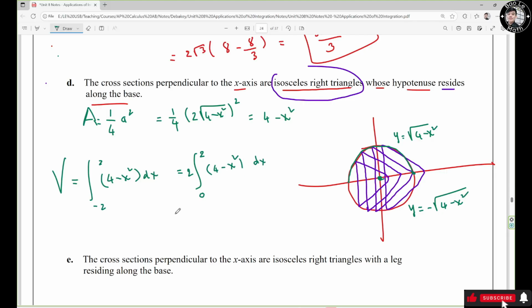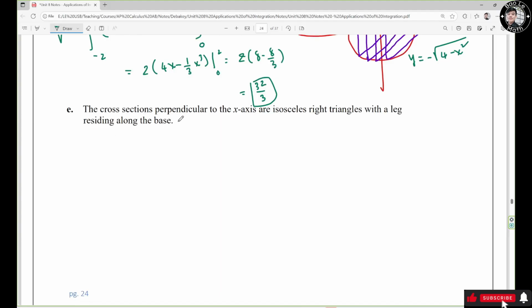Take the antiderivative, so it could be 2 times 4s minus 1/3 s cubed, evaluated from 0 to 2. Substitute 2 for s, so it could be 2 times 8 minus 8 over 3. Substitute 0 for s, it's 0. So this turns out to be 32 over 3.